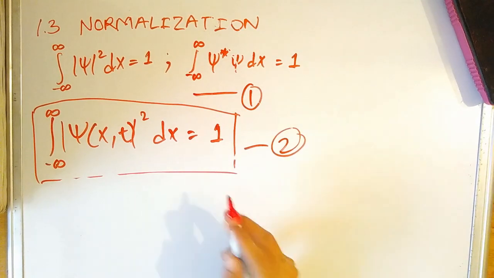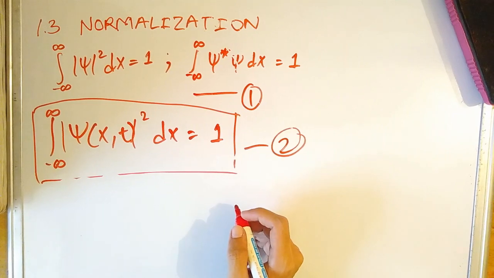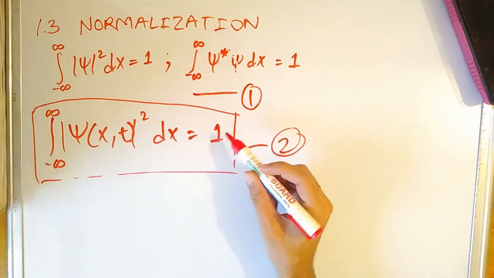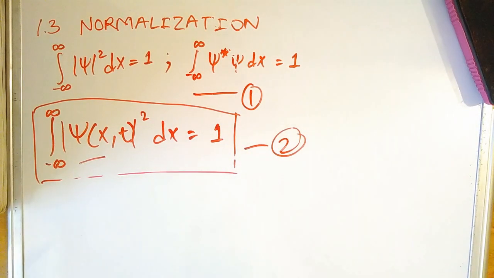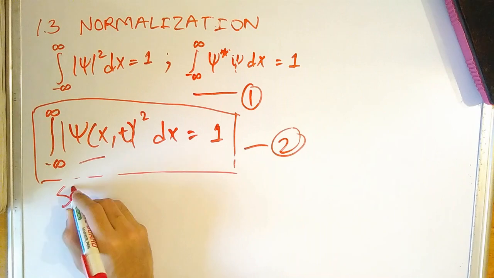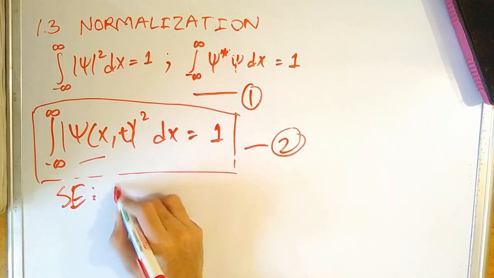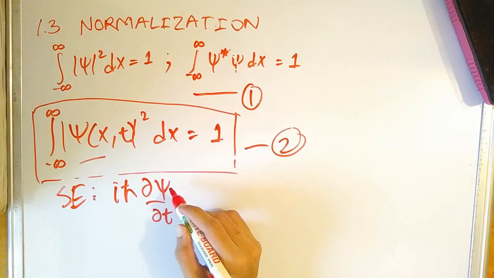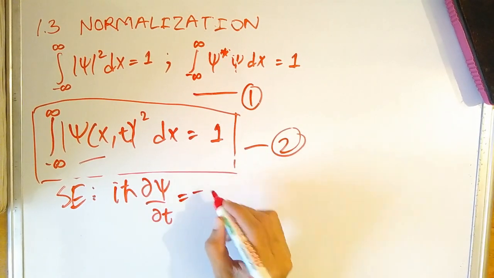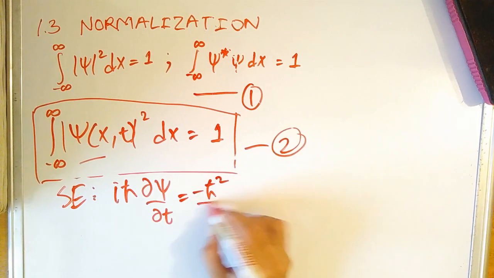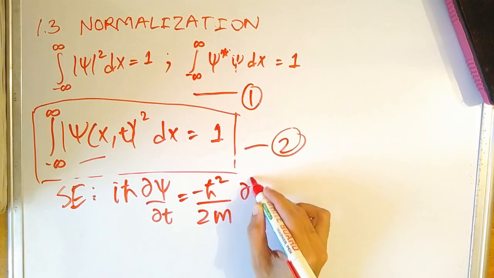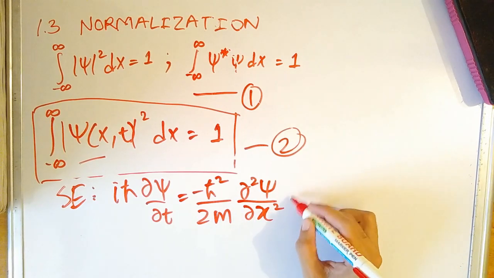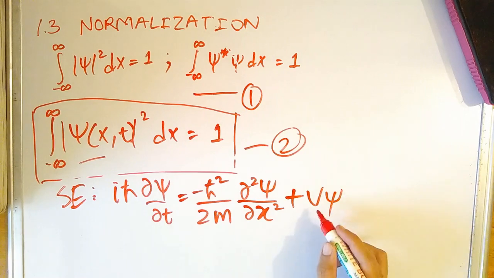But as we saw in the first video, we get psi on solving the Schrodinger's equation. So why do we need to impose this second condition after getting the solution psi? The Schrodinger's equation was i h bar dou psi by dou t, this psi is capital by the way, is equal to minus h bar square upon 2m dou 2 psi by dou x square plus v psi.